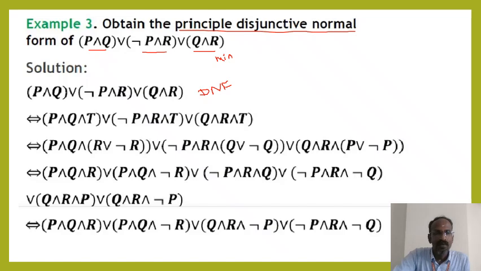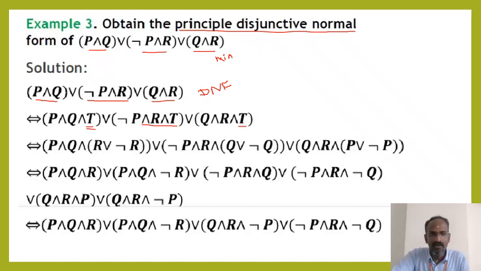So now we promote this DNF into the principal disjunctive normal form by introducing: the first min term P and Q and true, the second min term negation P and R and true, and Q and R and true. So this true is to be replaced by the variable which is not available in this min term.